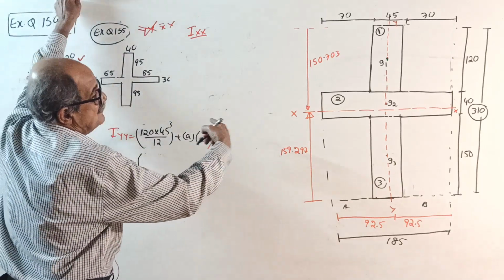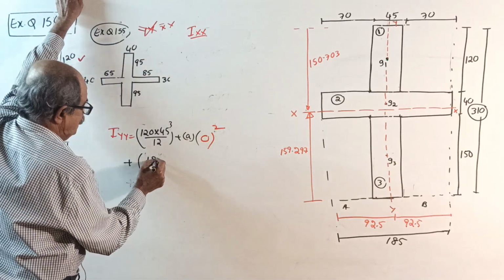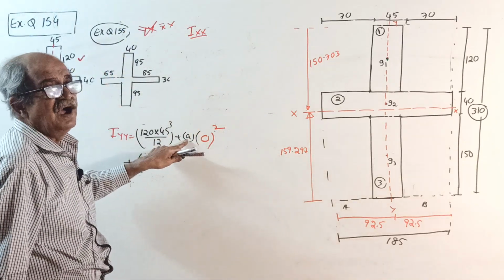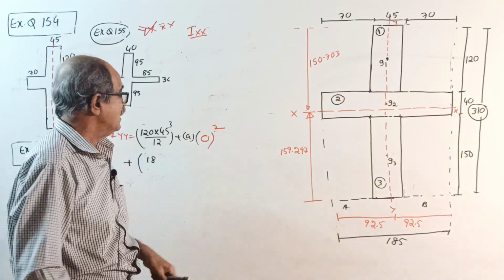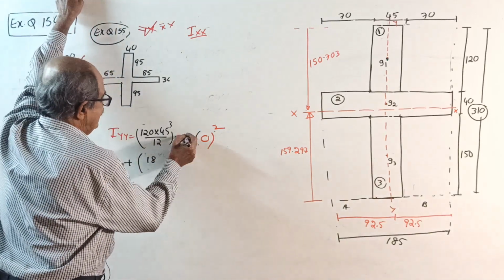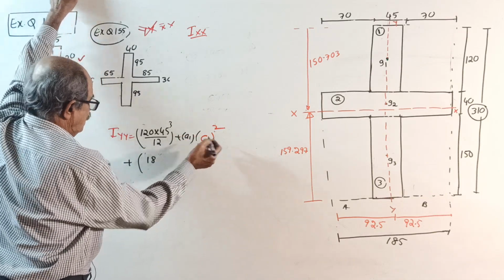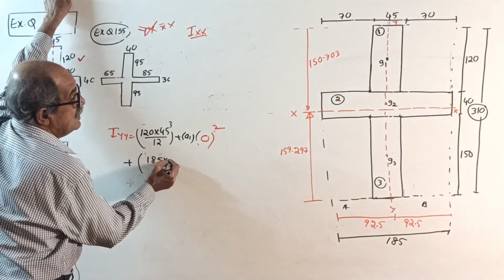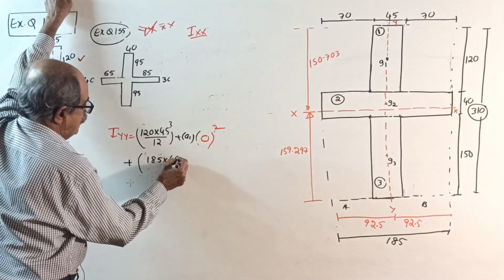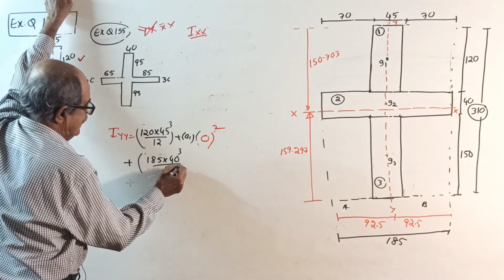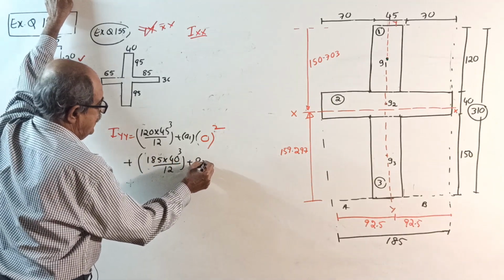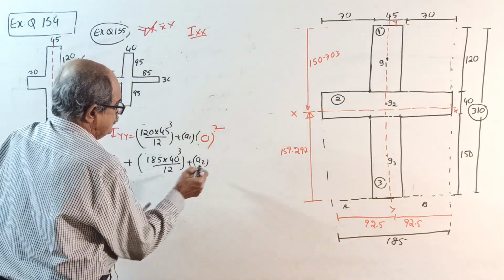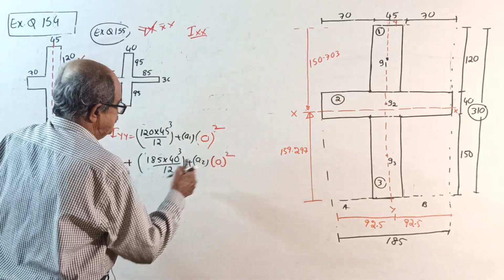Plus second one, 185 into 40 cube by 12, IG. When it is 0 square, in future, instead of writing the area once again, I will put small a1, okay. a1 into 0 square. Plus area A2, that is 185 into 40 into 0 square. To save time, why waste energy?